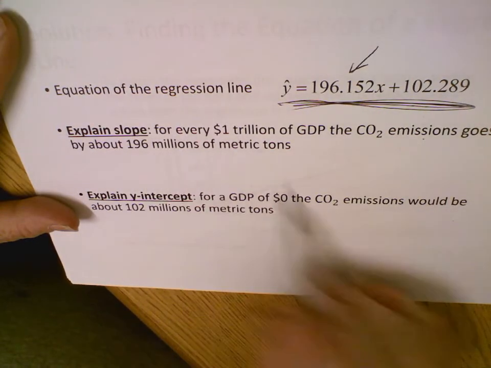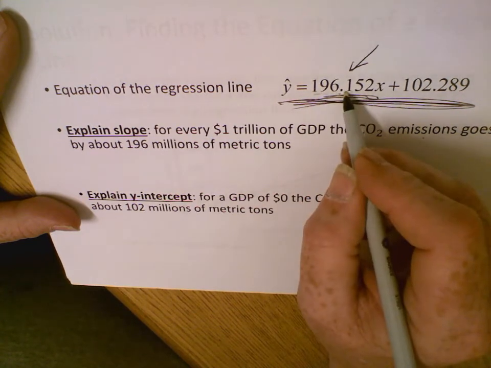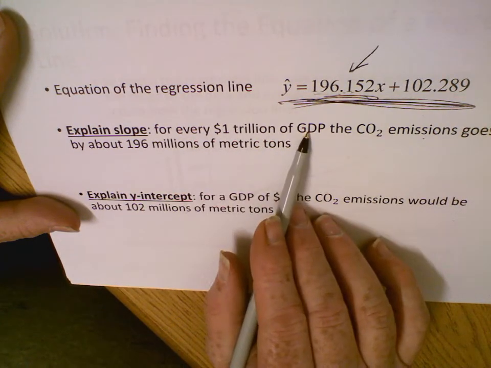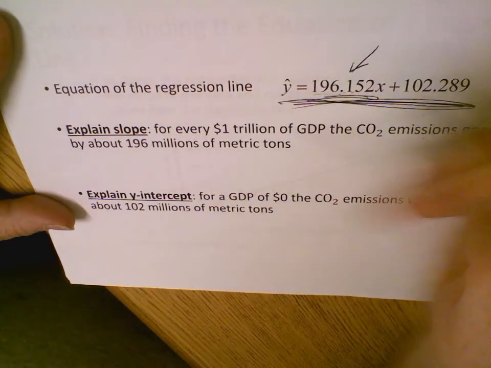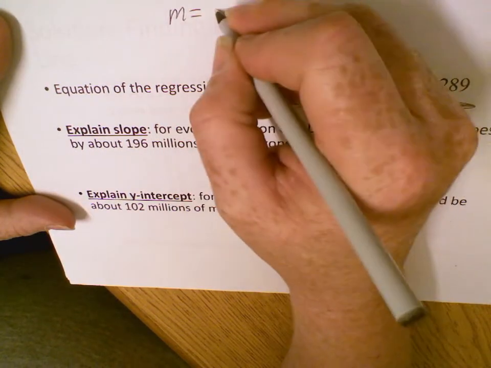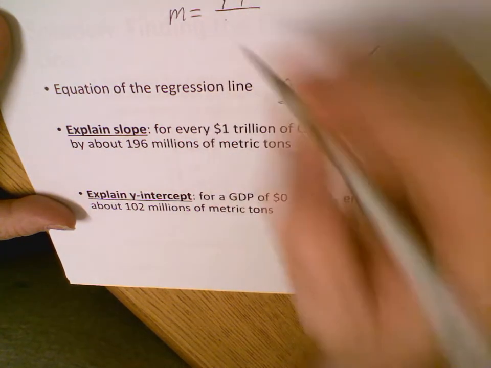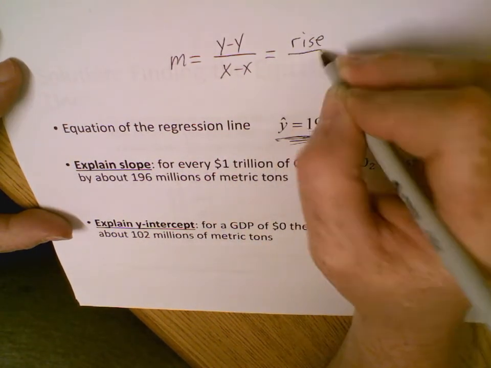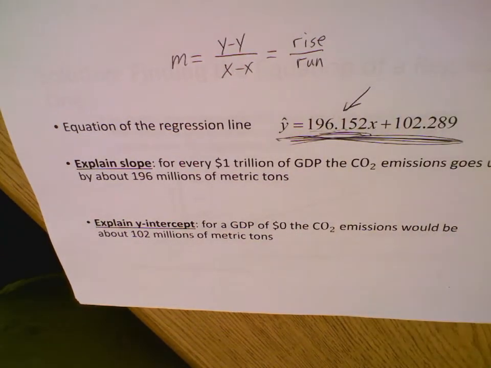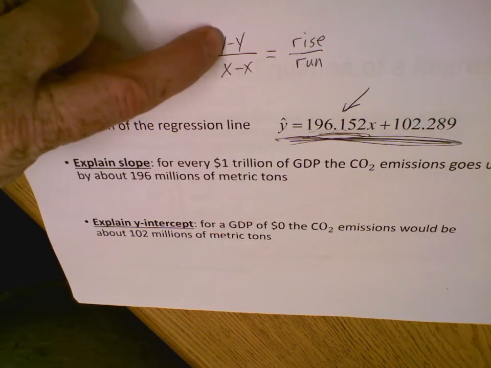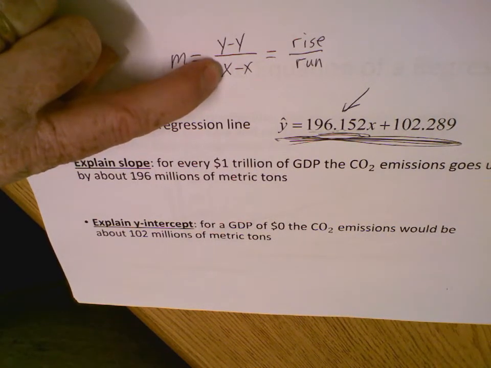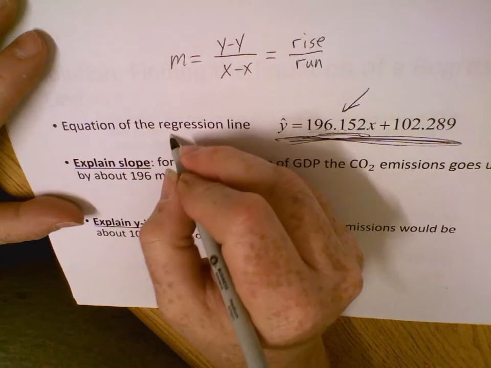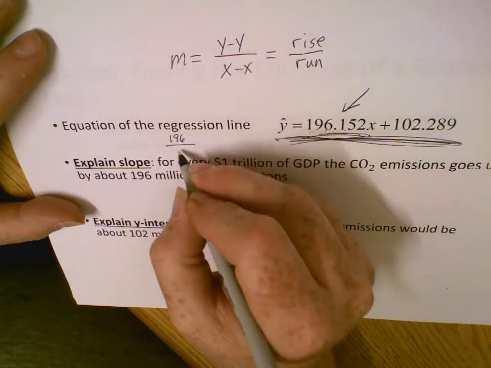But to explain the slope, with this slope right here, the 196.152, that's just saying for every $1 trillion of GDP, remember, and I should say this first, remember with your slope, it's 196.152 over 1.